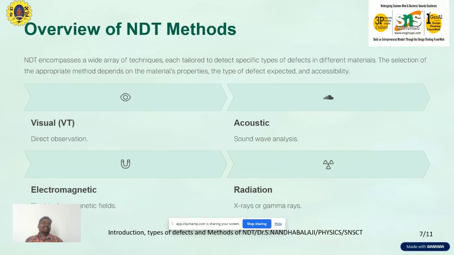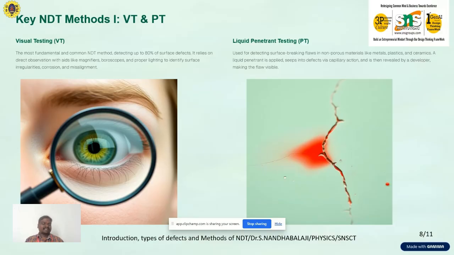Key NDT methods one: VT and PT, visual testing and liquid penetrant testing. Visual testing is the most fundamental and common NDT method, detecting up to 80% of surface defects. It relies on direct observation with aids like magnifiers, borescopes, and proper lighting to identify surface irregularities, corrosion, and misalignment.